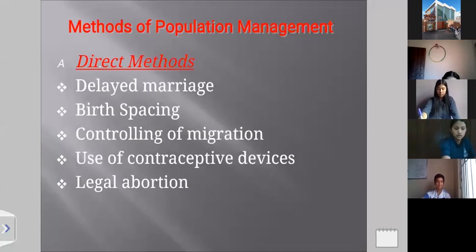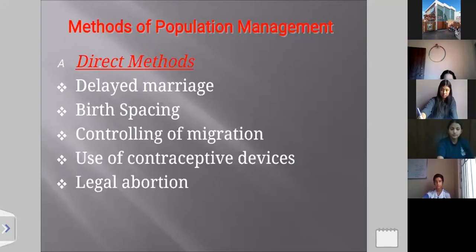In the next class, we'll discuss in detail different contraceptive devices used by male and female. Okay, all right. That is use of contraceptive devices, one of the direct methods of population management.